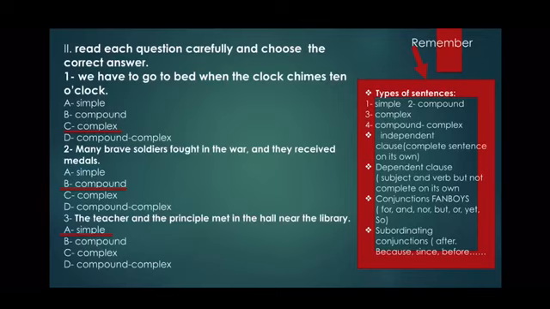Here, if you ask me, but teacher, we have the word and. Here, and does not join clauses or sentences. It joins two people, the teacher and the principal, two subjects. So we can't consider it a conjunction that joins two sentences or two clauses.